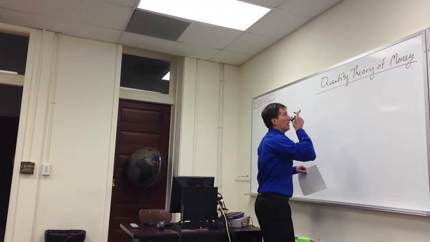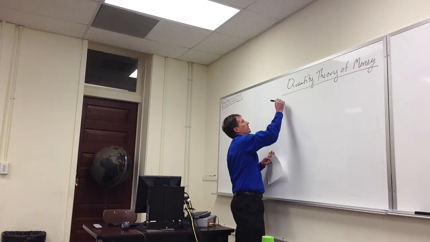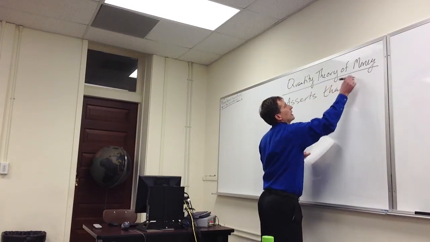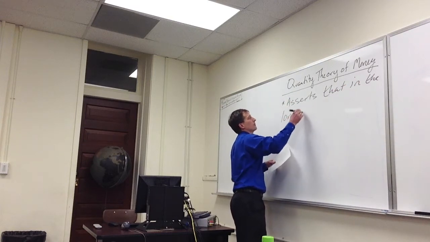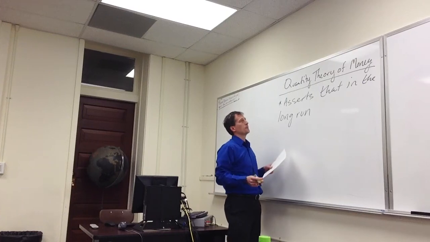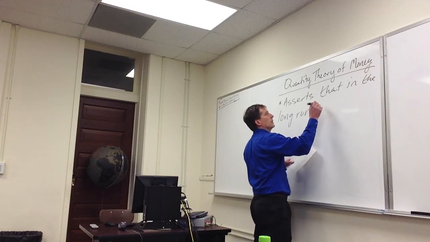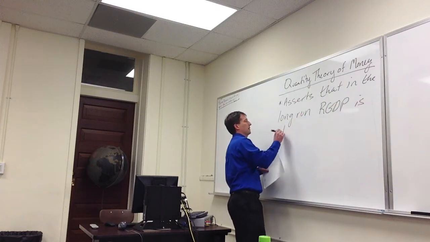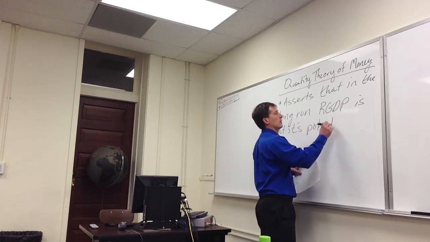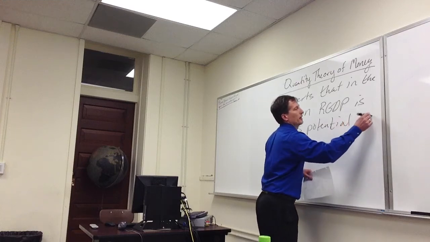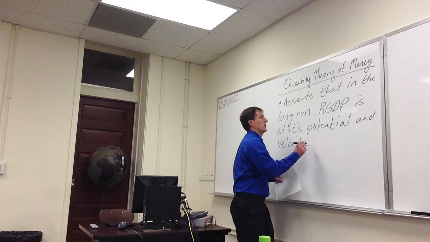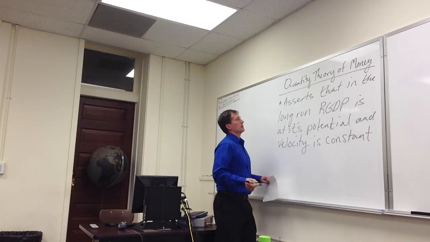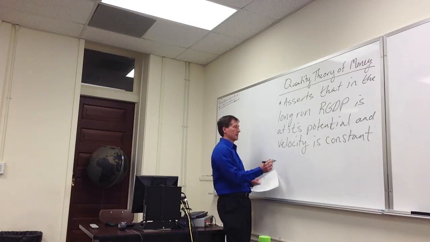This is the theory that came about from Milton Friedman's work, and it asserts that in the long run, real GDP is at its potential and velocity is constant.